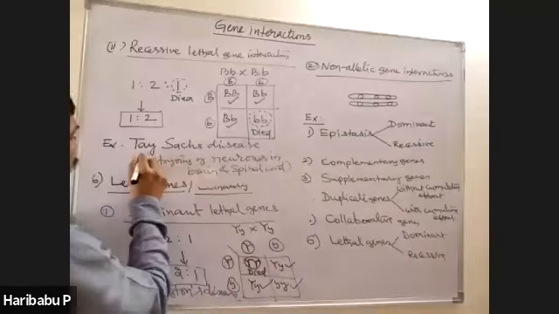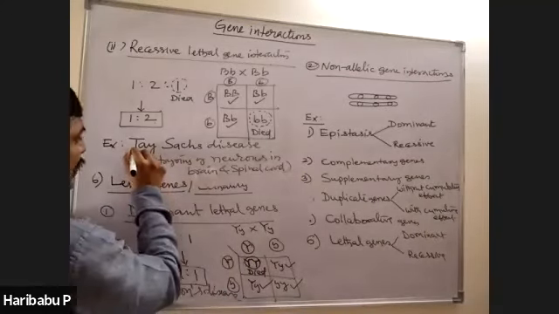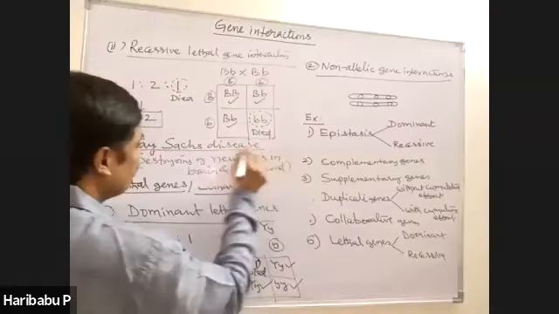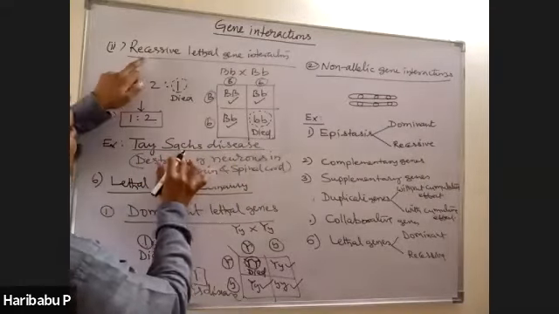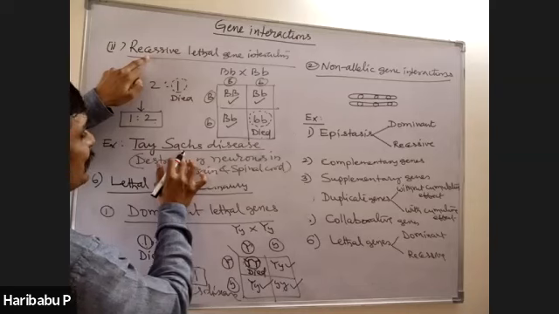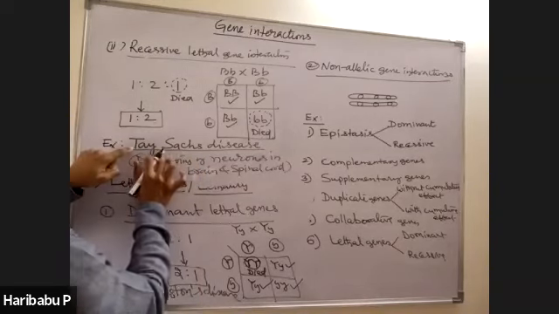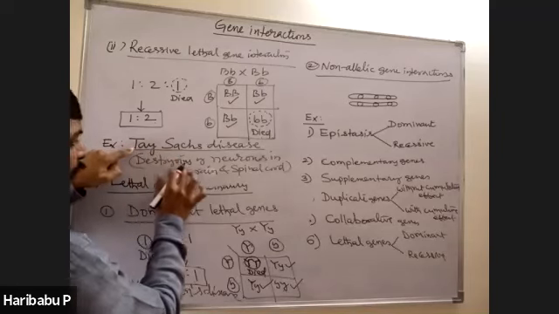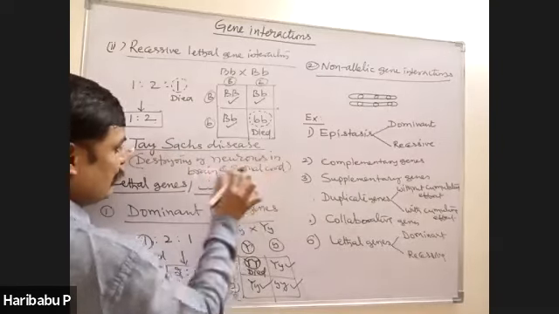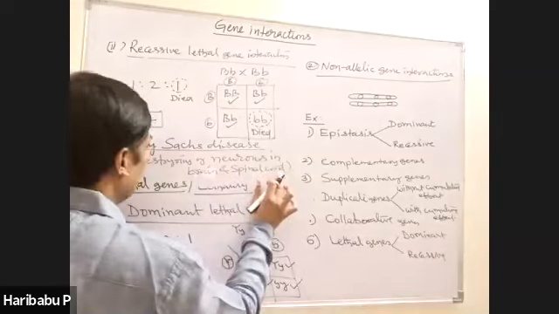Tay-Sachs disease is caused due to recessive lethal gene interaction in human beings. This is characterized by destroying of neurons in the brain and spinal cord.